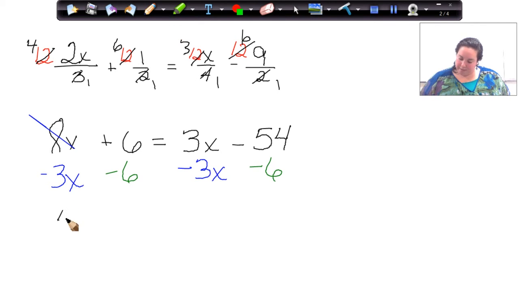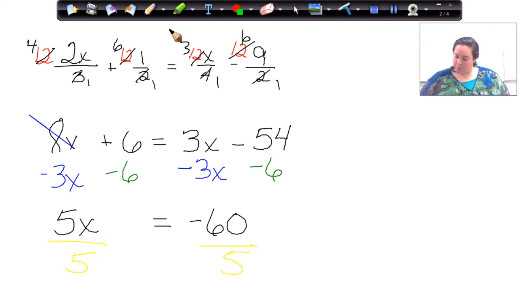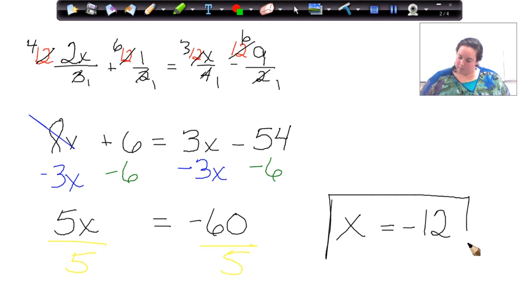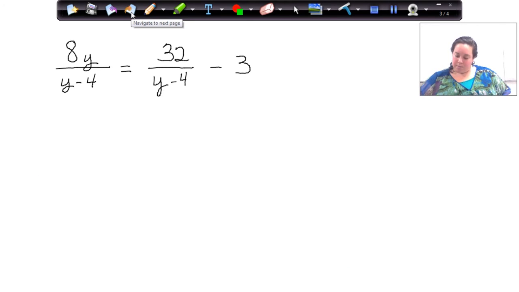So we have 5x equals -60. Now let's divide both sides by 5. And so we have x equals -12. Great.